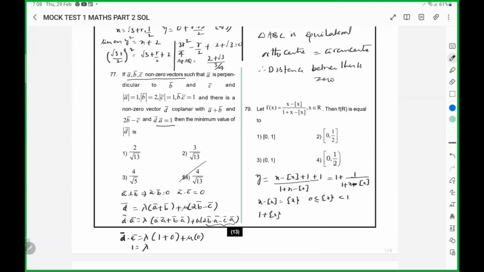So 1 plus fractional part of x, which implies 1 by 1 plus fractional part of x lies between these bounds. Here I should write minus 1, right? So now you add 1, it is plus 1.